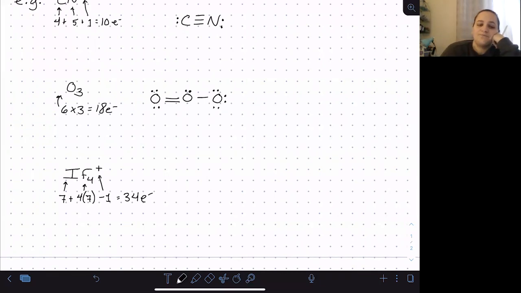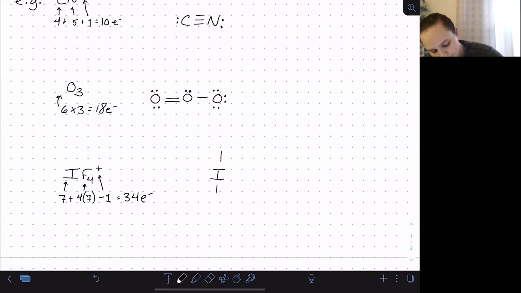in this structure. So our central atom will be the iodine, since it is both one of a kind and less electronegative than fluorine. We can put the iodine in the middle with the 4 fluorines around it, connected by single bonds. Fill up the valence shells of all of our fluorine atoms.